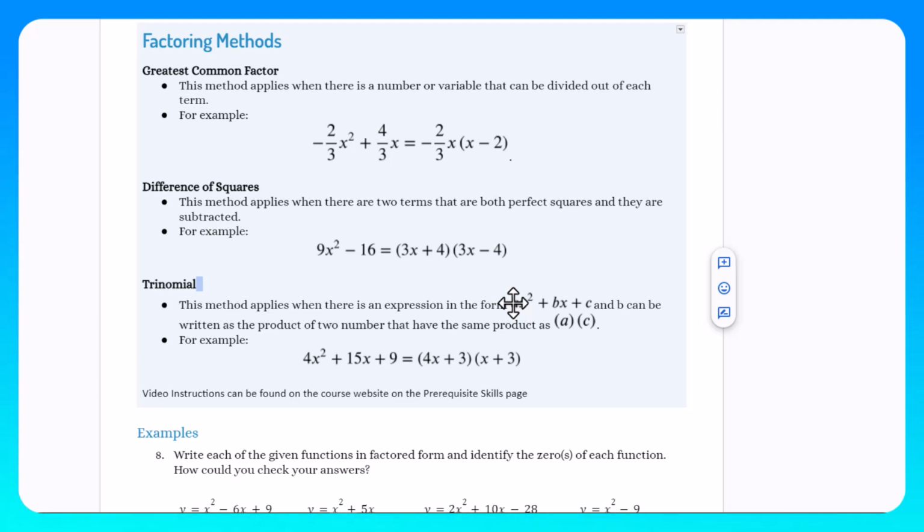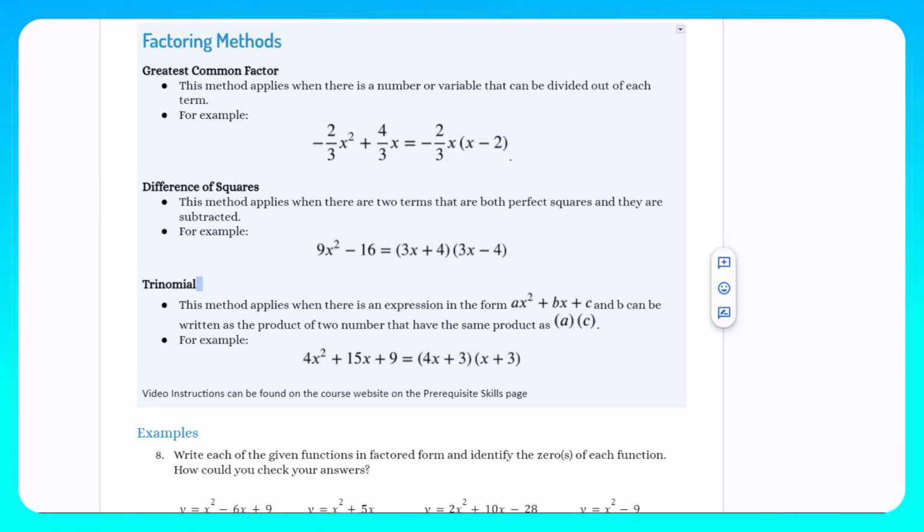There's a bunch of different ones. Definitely check those out. Well, in this case right here, for greatest common factor, we are going to look for a common factor between all the terms, and that is what is going to be taken out.